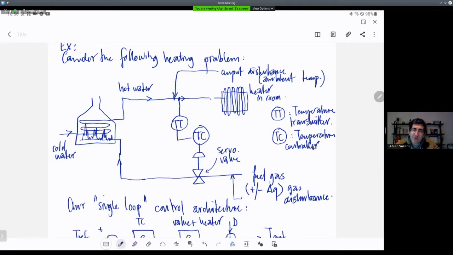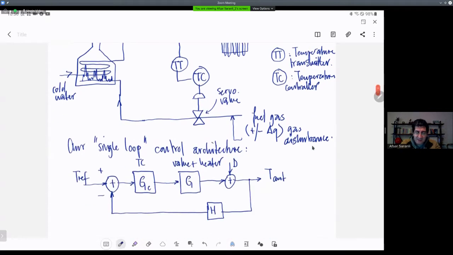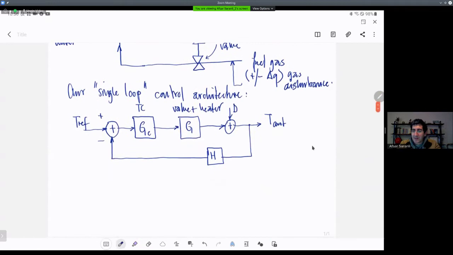So we can eliminate the disturbance in the gas flow even before it has an effect on the output of the entire plant. As we will see, mathematically this has a lot of advantages. Conceptually it also makes sense.